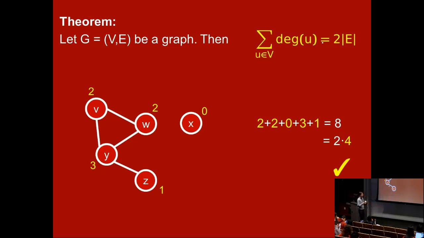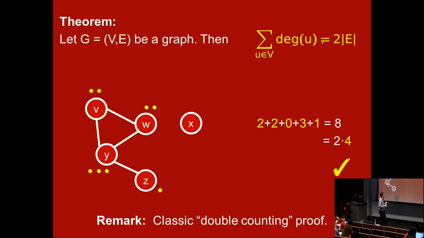And now just tell each vertex to put a token on each of its edges, right? So we gave it 1 token per edge, so it should be able to put exactly 1 of its tokens on each edge. I'll show you that again. So they go. And now, after you tell them that, each edge gets exactly 2 tokens.